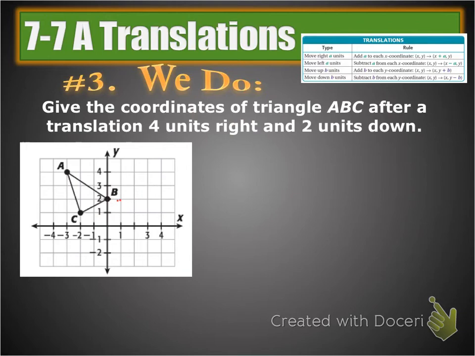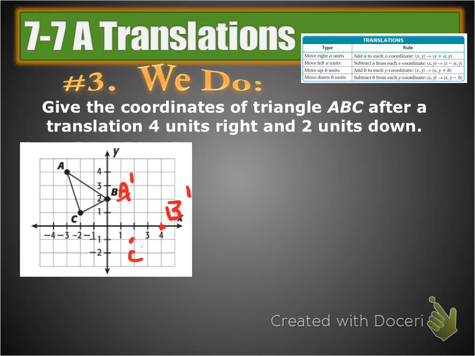And if I take that B and I slide it 4 units to the right and 2 units down, that's my B prime. And now my C, I'm again taking 4 units to the right and 2 units down, and that would be my C prime.